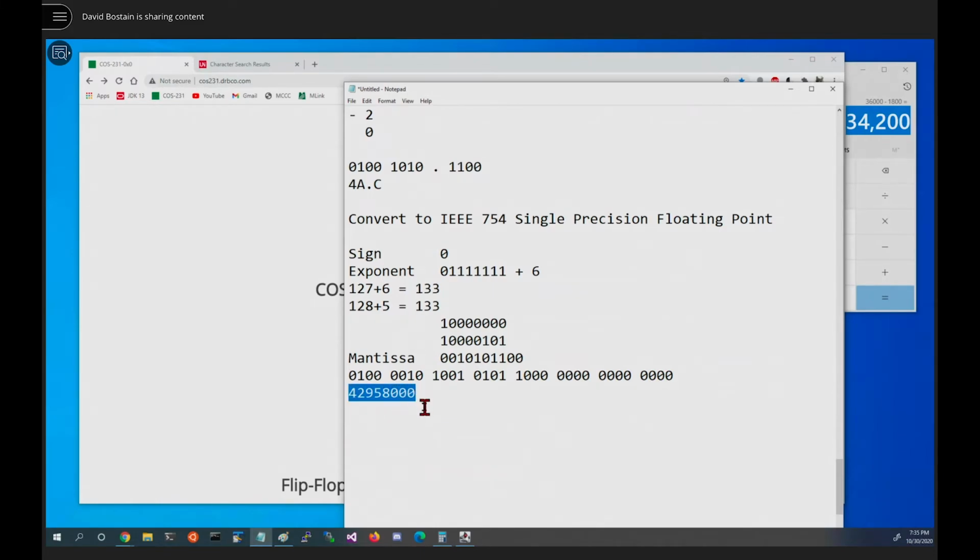Now, you might actually be given this and have to work backwards. Does anybody need to see that happen? You can just basically read this in the other direction, but we can do it. Let's put another number down here and just give it a shot.